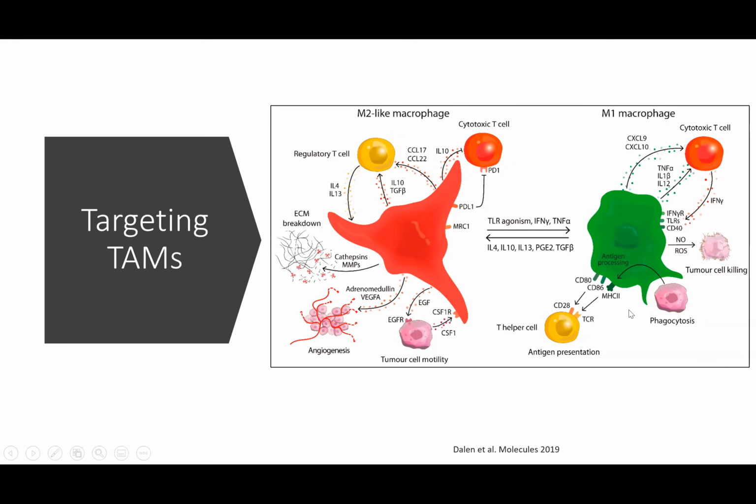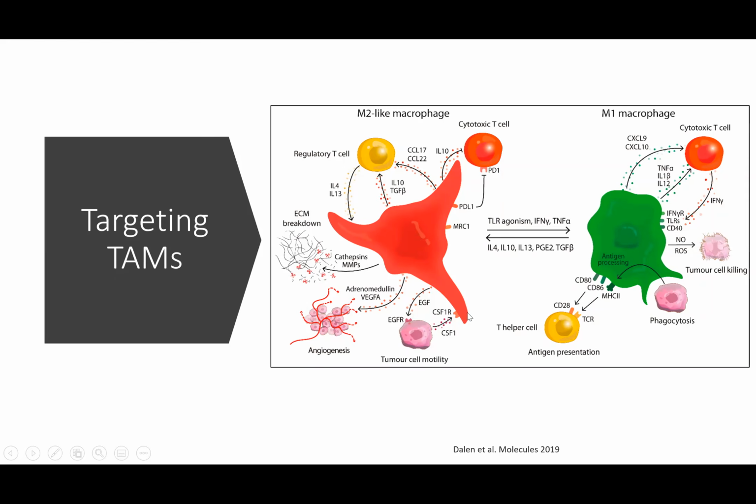M1 macrophages have the ability to phagocytose the cancer cells and activate the T cells, the T helper cells, and also activate the cytotoxic T lymphocytes. And the M1 macrophages themselves can kill the cancer cells by different mechanisms, like, for example, generation of reactive oxygen species. However, cancer cells have the ability to repolarize macrophages from M1 antitumoral phenotype to M2 protumoral phenotype.